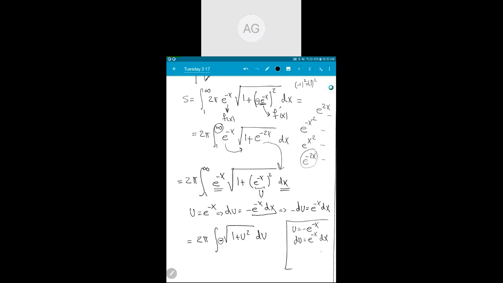But in terms of limits, if you pick this guy, remember, x goes from 1 to infinity. With this option, u is going to go from negative 1 over e to 0, right?